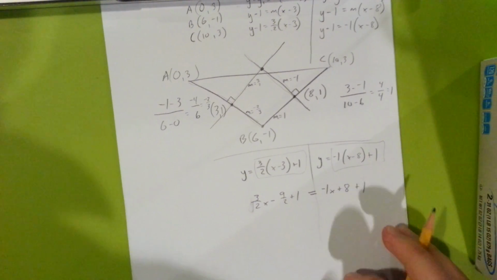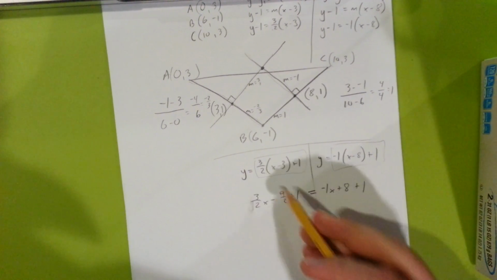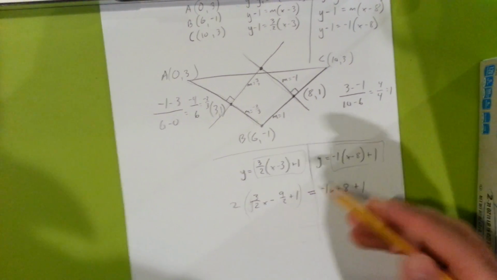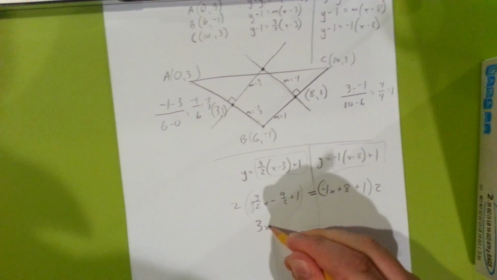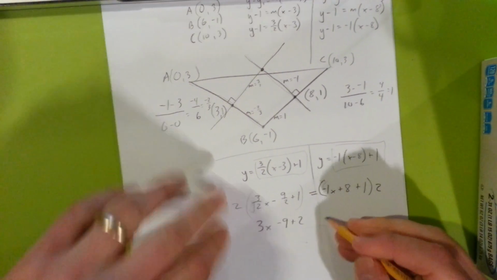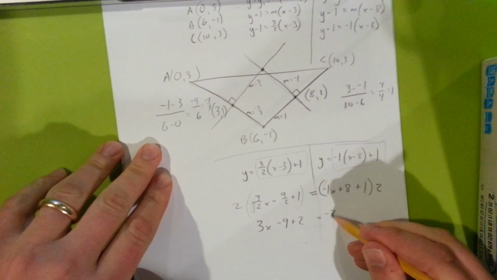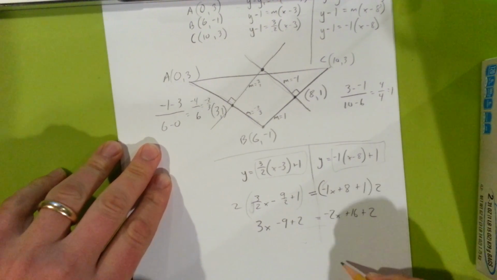Now, because I don't really like dealing with fractions, I'm going to multiply both sides by 2. I end up with 3x minus 9 plus 2 equals negative 2x plus 16 plus 2.